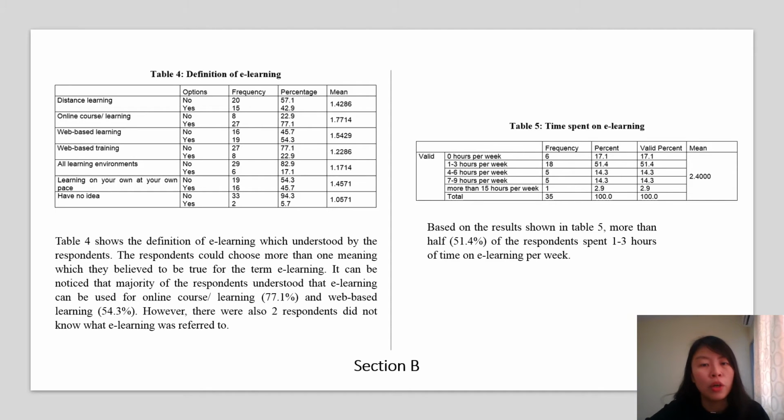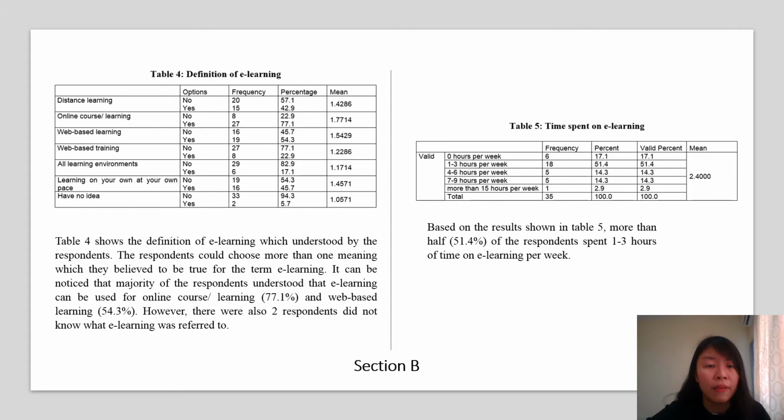When we go to section B, it covers item number 4 and number 5. Table 4 shows the definition of e-learning as understood by the respondents. The respondents could choose more than one meaning which they believe to be true for the term e-learning. It can be noticed that the majority of respondents understood that e-learning can be used for online course learning, which is 77.1%, and web-based learning, which is 54.3%.